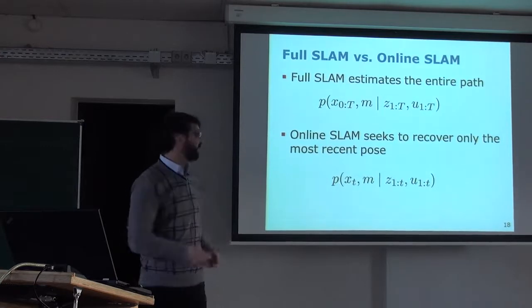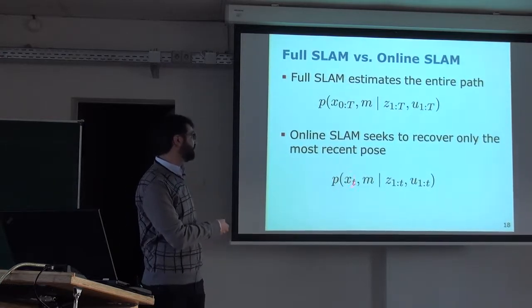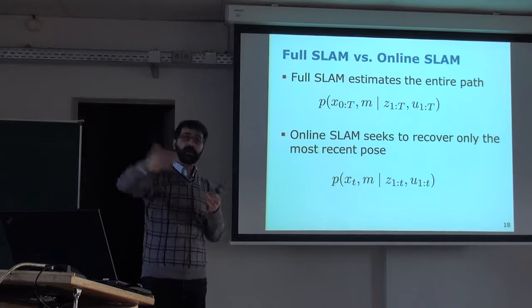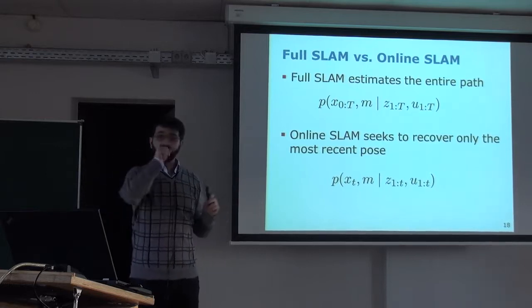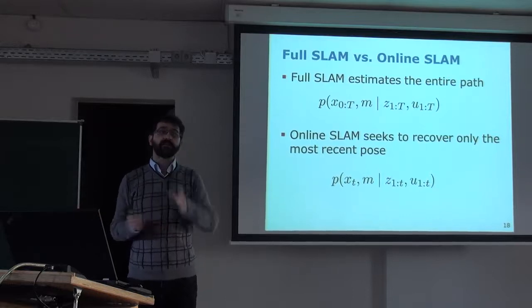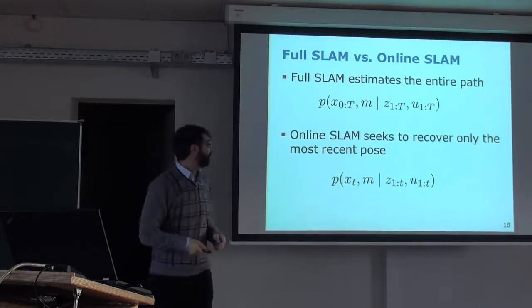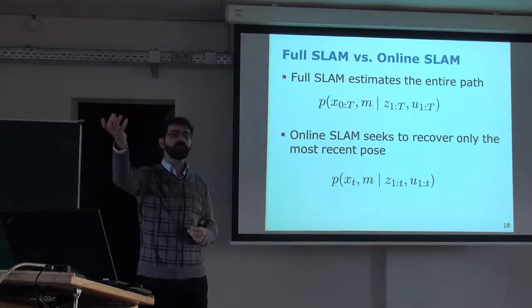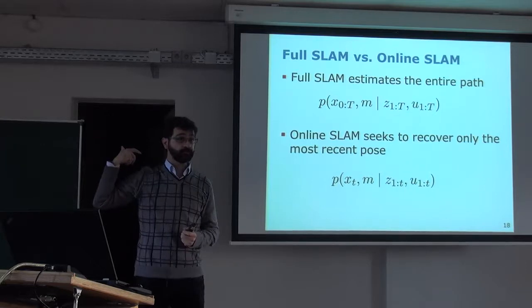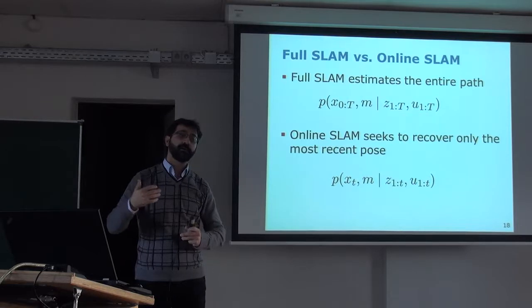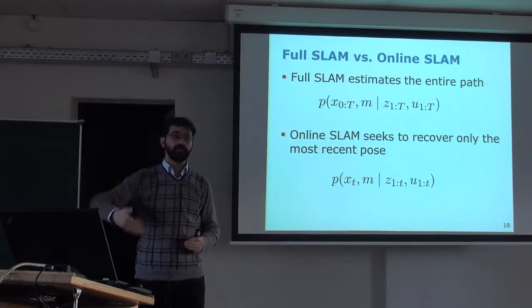And for estimating this, you can imagine that you go through this distribution, so you try to estimate the full path, and then you just forget where the robot was in the past. Okay? It's not as trivial as this, because in the full case you might use future locations or future measurements to get an estimate of previous poses, and in this case you just forget them. So you just commit on a location in the past and you cannot revise that.